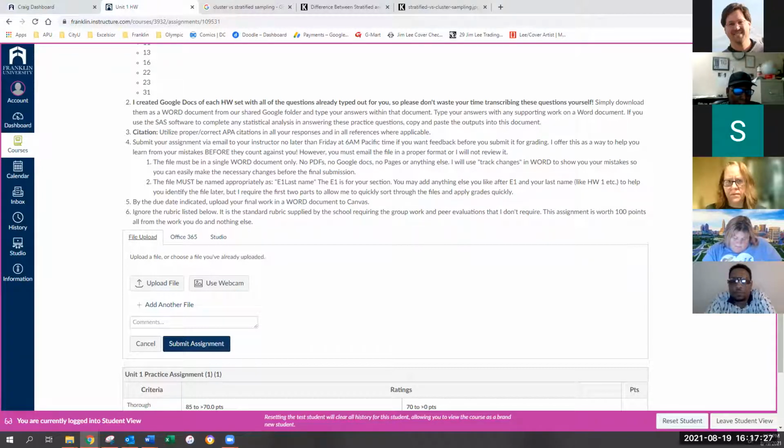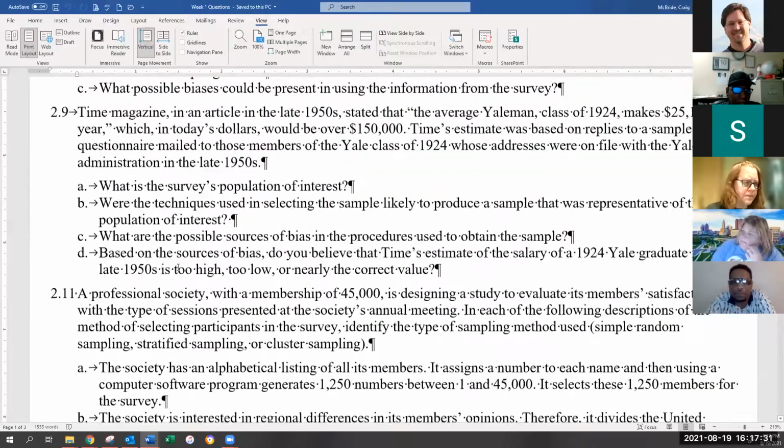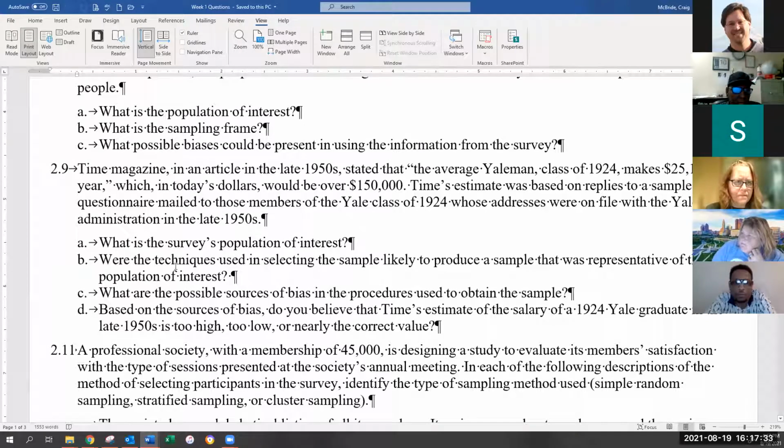For question 2.9, it says, were the techniques used in sampling likely to produce a sample that was representative of the population of interest? And the answer is no. Well, you can't just answer no. You have to say no, and then why, right? So that's what it means by discussing your answers: you can't just say yes, no, this, that.